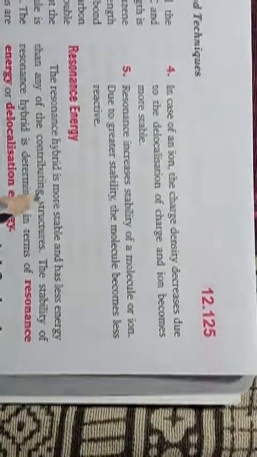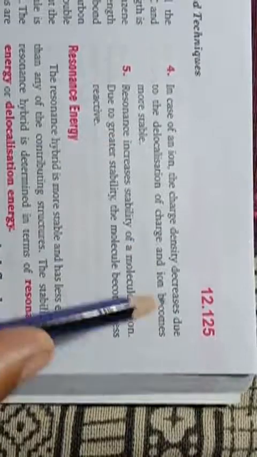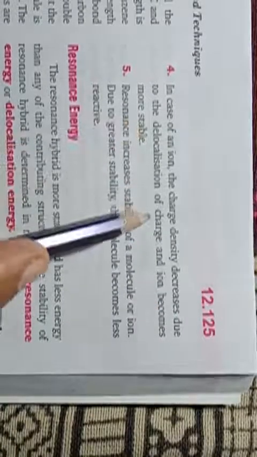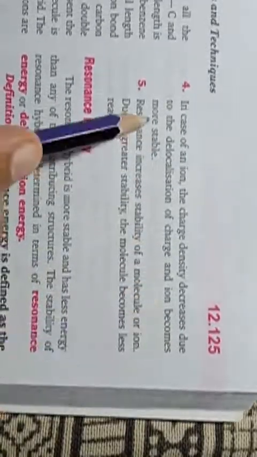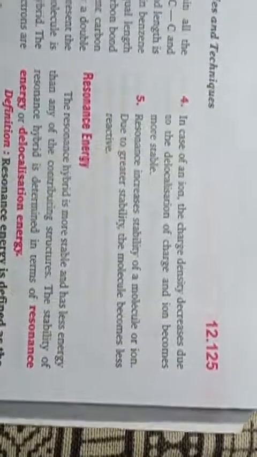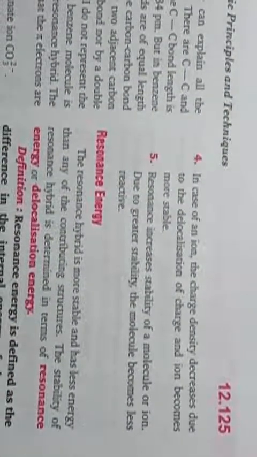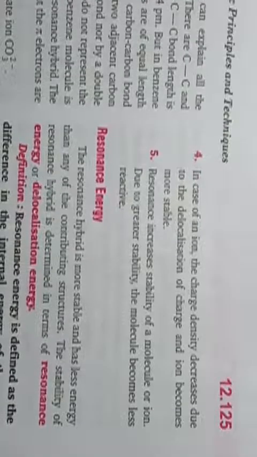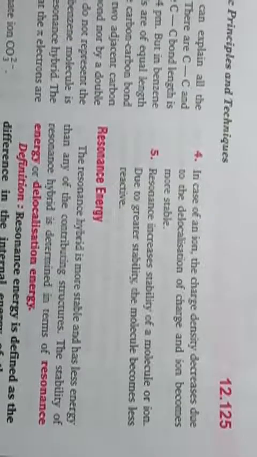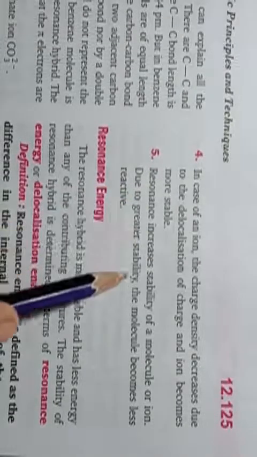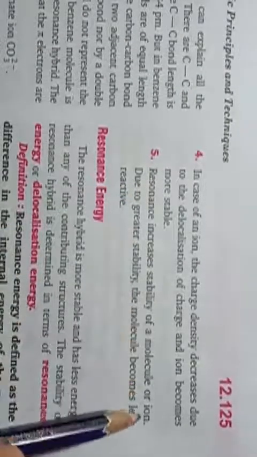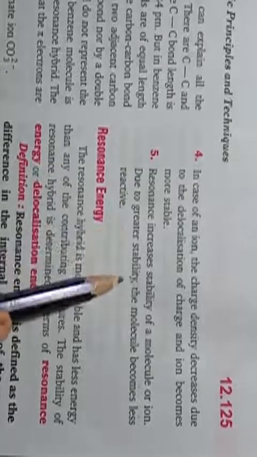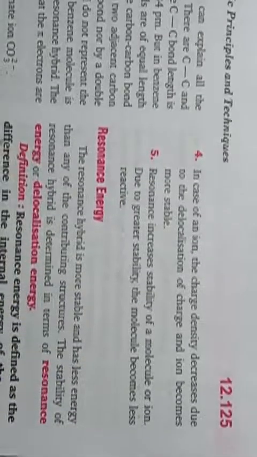Then in the case of an ion, the charge density decreases due to delocalization of charge, and the ion becomes more stable. So resonance is also a way of distribution of charge, and due to the dispersal of charge, the unit becomes stable. Resonance increases the stability of a molecule or ion. Due to greater stability, the molecule becomes less reactive.